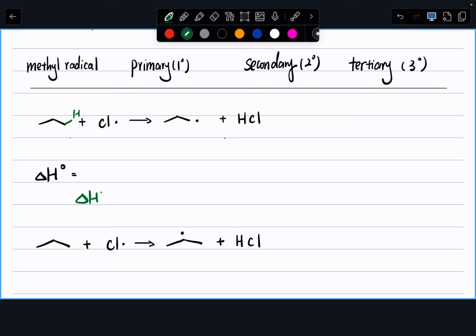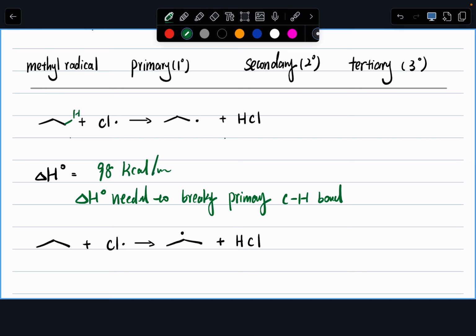So the first one will be the delta H naught needed to break my primary CH bond, which, if you check the table, is 98 kilocal per mole. Either we will give you that number or we'll give you a table you can refer to.